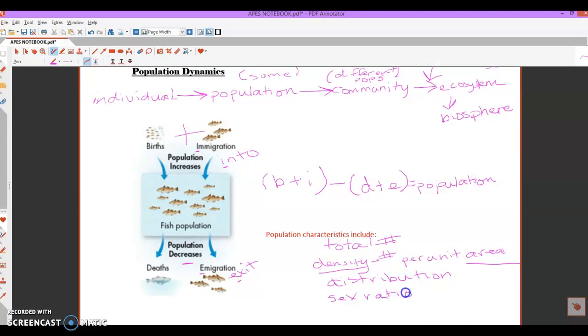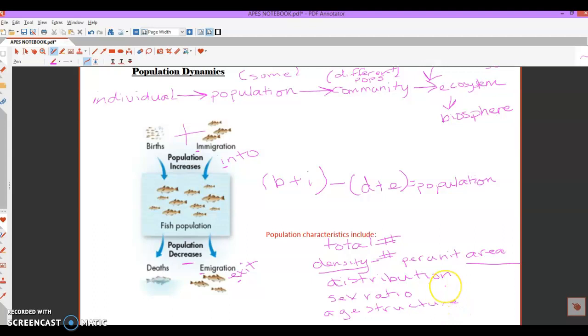Okay, this is not how often organisms are having sex. The sex ratio is talking about gender, male versus female. And then lastly, the age structure. Do we have more younger people? Do we have more older people? And this is primarily going to be when we talk about human populations. So we'll get to that shortly.